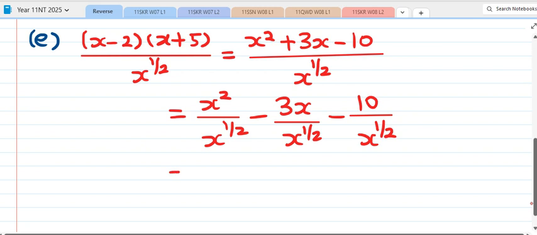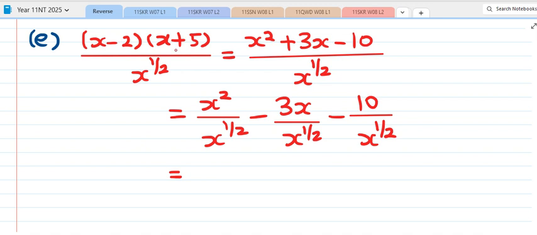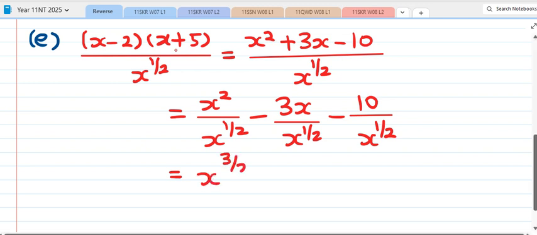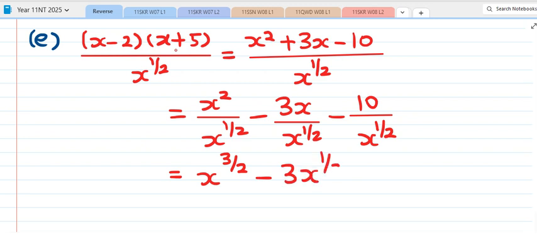So here, then we have to simplify each of the fractions. So x to the power of 2 divided by x to the power of half, you will get x to the power of 3 over 2, and then plus 3x to the power of 1 minus half will be x to the power of half, minus 10 x to the power of negative half if we try to bring this up.